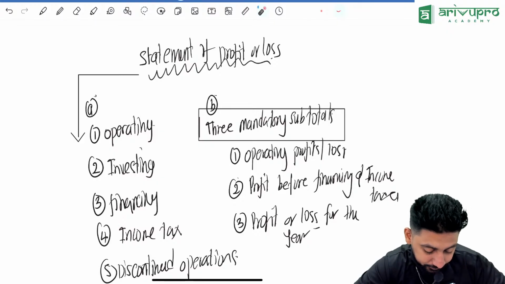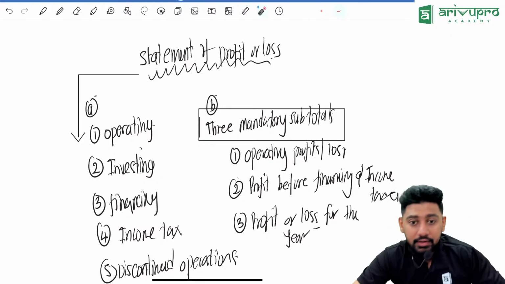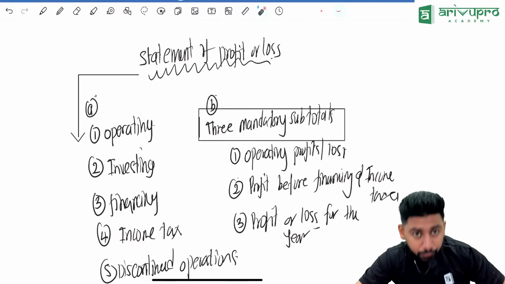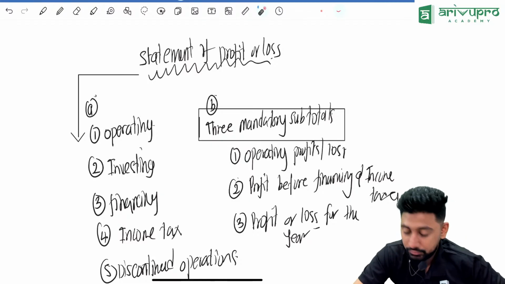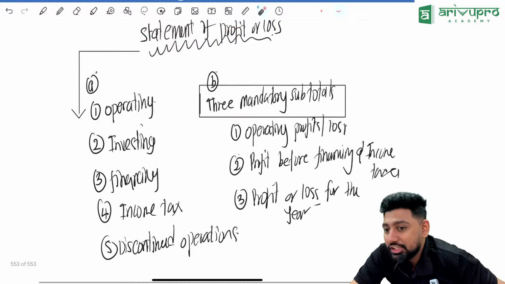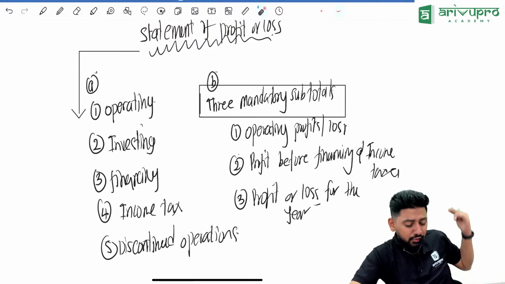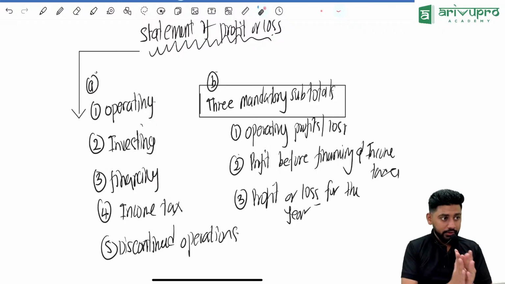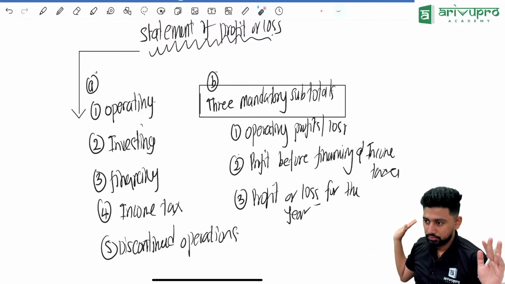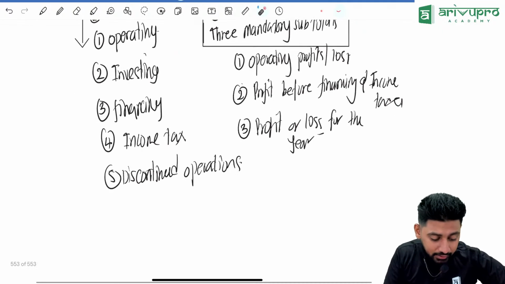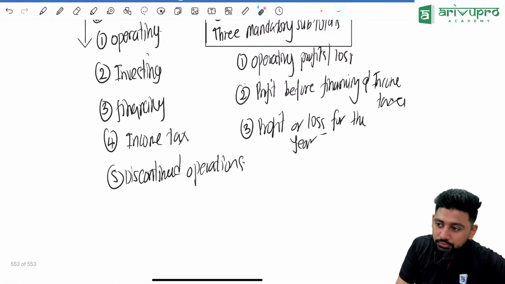And number 2, profit before income tax is removed. It is not there, but if you want to show it, you can show it. These are primarily part of your statement of profit or loss.